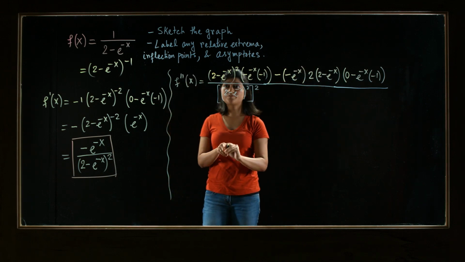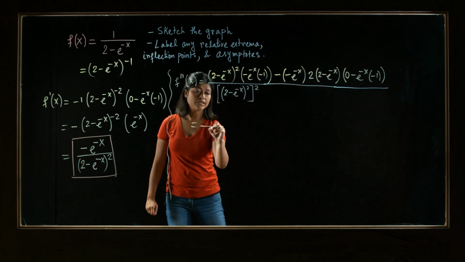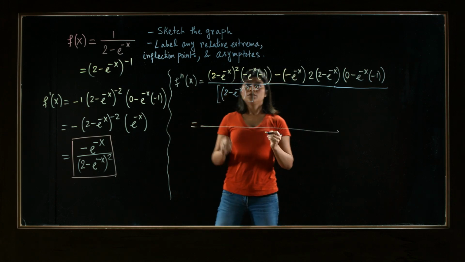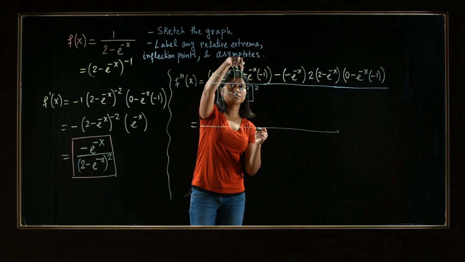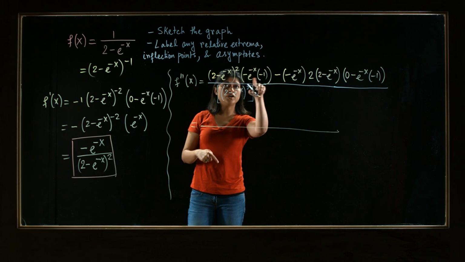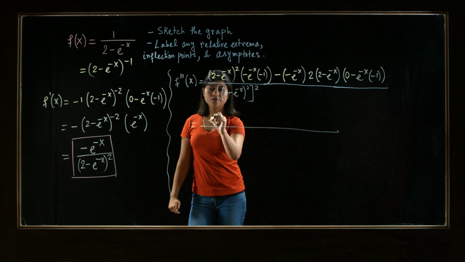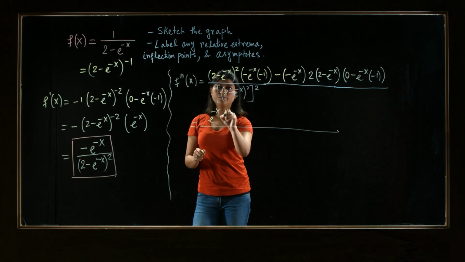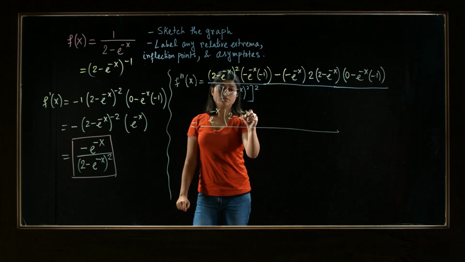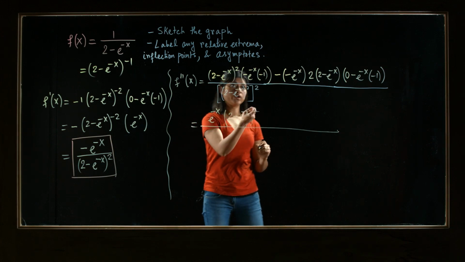Let's simplify this expression quickly because it will help later. Okay, so in the first expression we have positive here. So, e to the negative x has a positive sign multiplied with this entire thing squared.